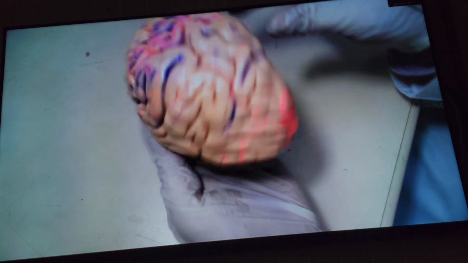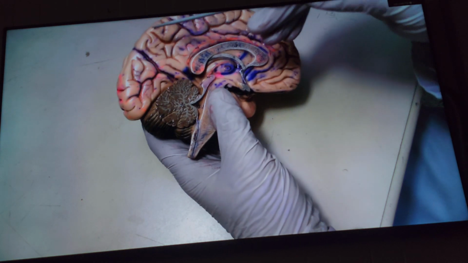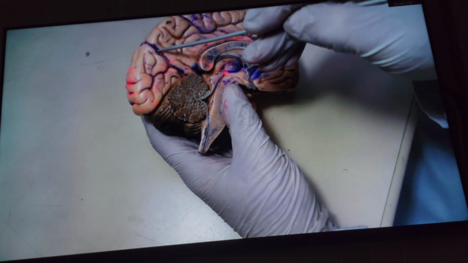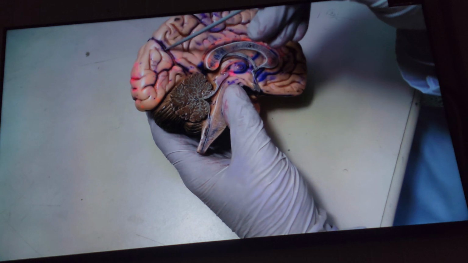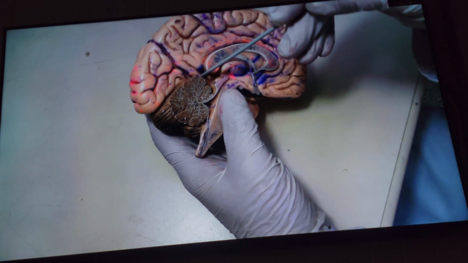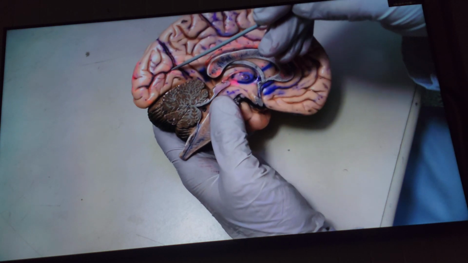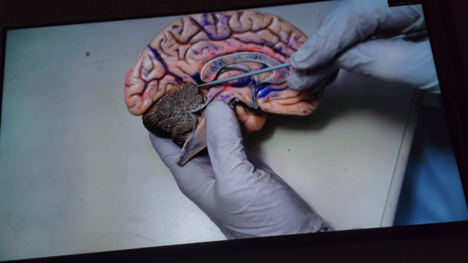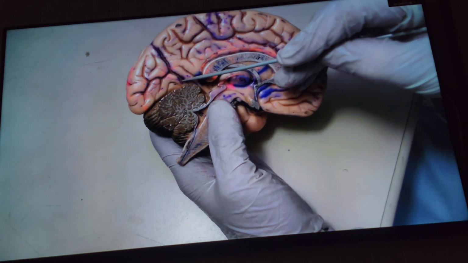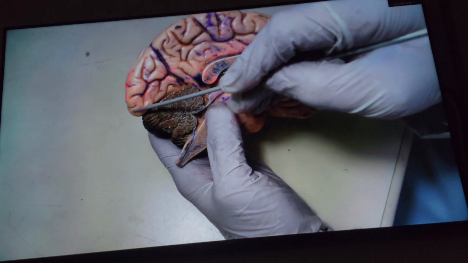On the medial surface, we can identify another sulcus, which is the parieto-occipital sulcus, that meets another sulcus, which passes from the posterior aspect of the splenium of the corpus callosum toward the occipital pole.